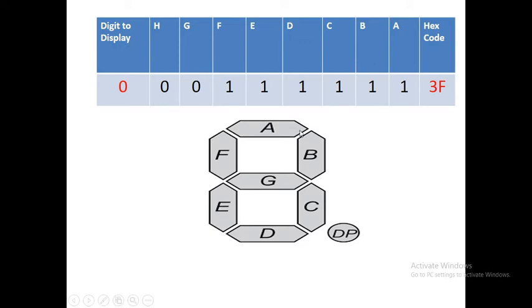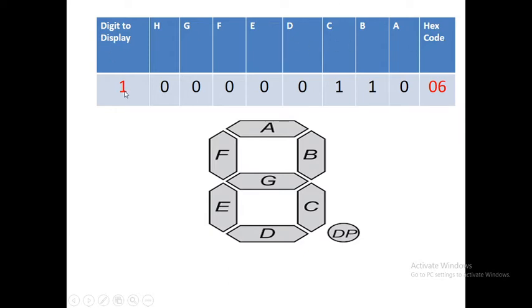When you write this type of number, you get the actual hexadecimal number. Here the higher nibble is 3 and the lower nibble is F, and in this fashion the hex code for displaying 0 is 3F. Similarly, you can generate the hexadecimal code to display 1.